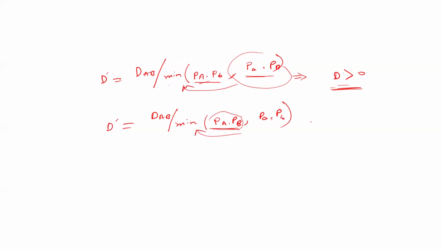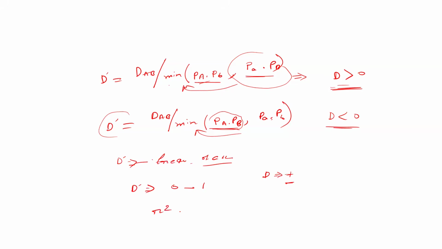This formula is used when the D value is less than 0. One important point is that D dash is not dependent on the frequency of allele. The D dash value ranges from 0 to 1, where the D value may be positive or negative. The r square value range is also 0 to 1.